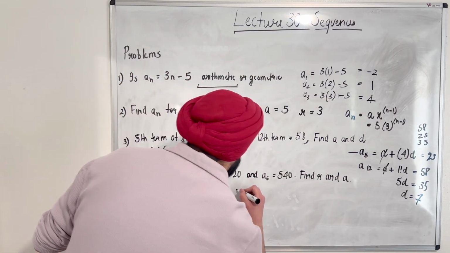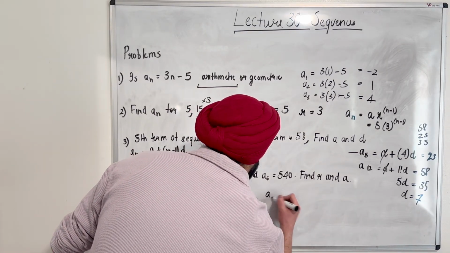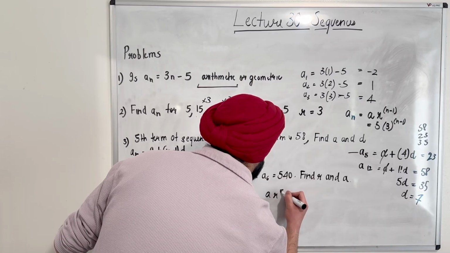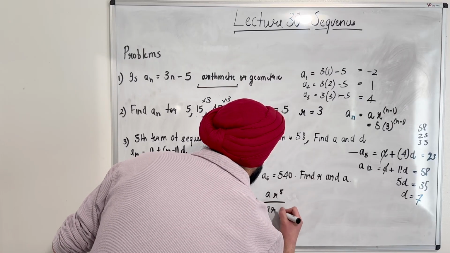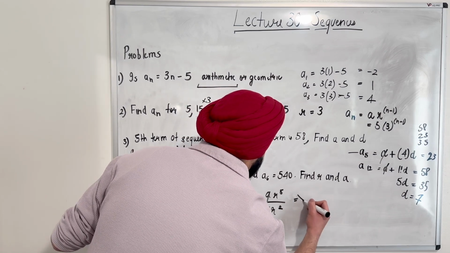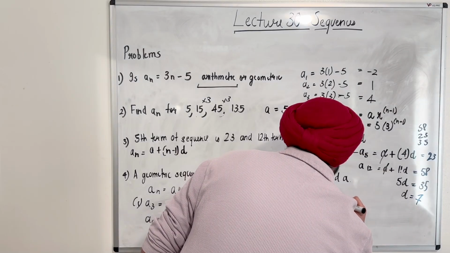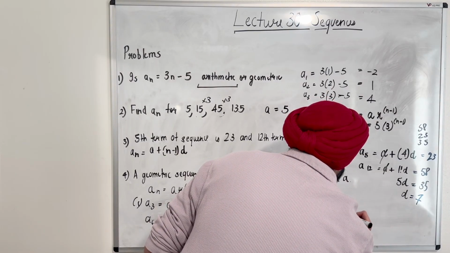So what I get is 540 by 20 is equal to ar to the power of 5 divided by ar to the power of 2. This gives me r cubed equal to 540 by 20.